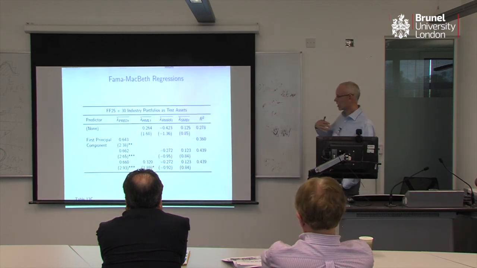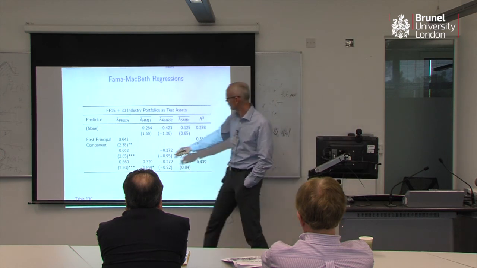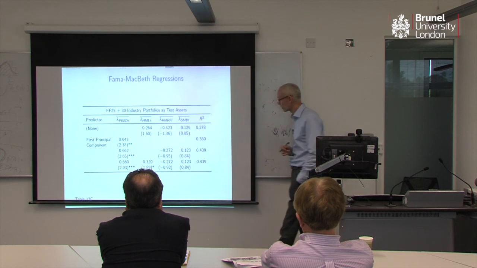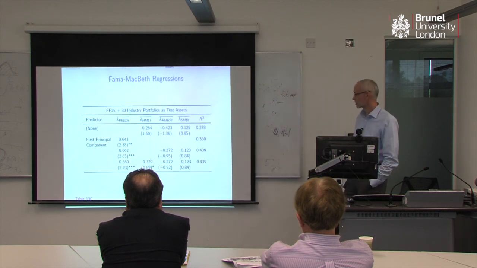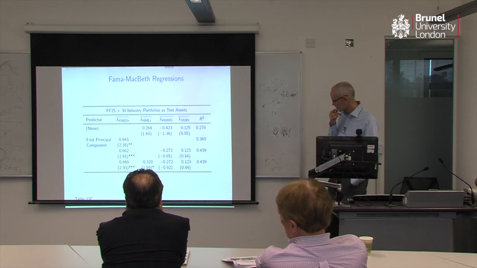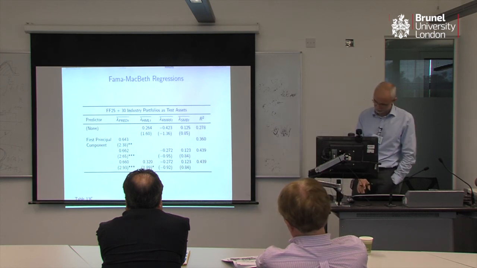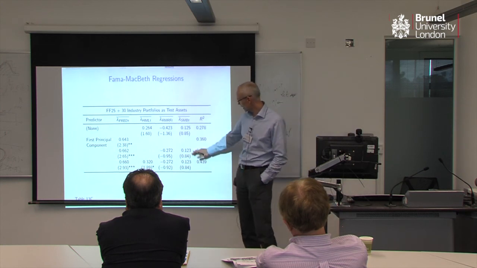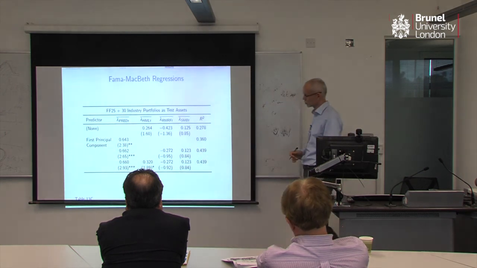If we plug in just the first principal component from our series, the R-square is 0.36, so it does indeed seem to capture quite a bit of the cross-section of stock returns. And it retains its significance when controlling for the Fama-French factors.